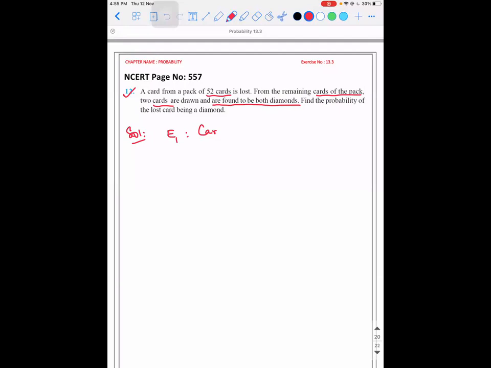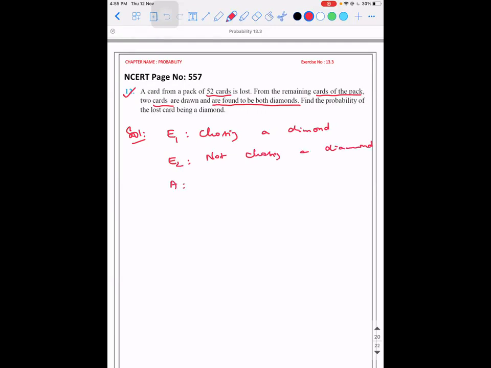It's not about the cards which are lost. 2 cards are drawn and found to be diamonds. Find the probability that the lost card is also a diamond. So here the exclusive events will be choosing a diamond and event 2 will be not choosing a diamond.